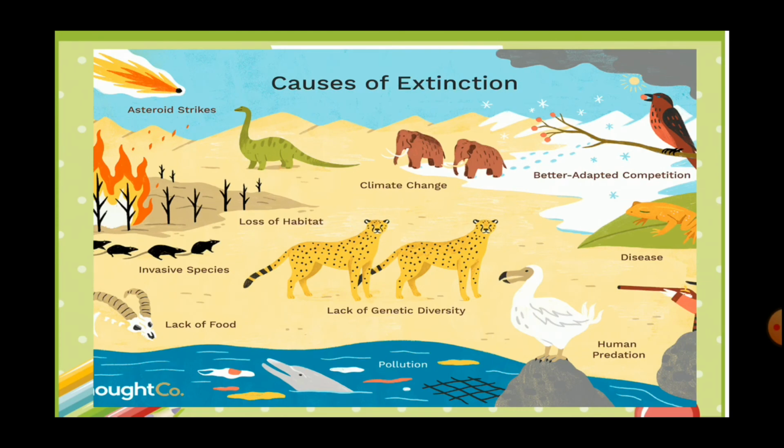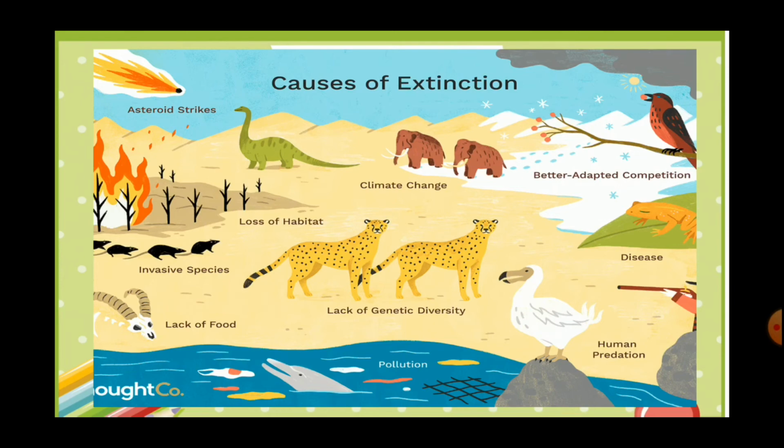So this picture shows as a whole the causes of extinction of biodiversity, like asteroid strikes, according to some biologists' opinion that the reason for the extinction of dinosaurs may be asteroid strikes.